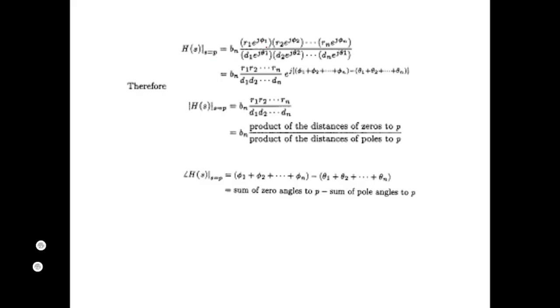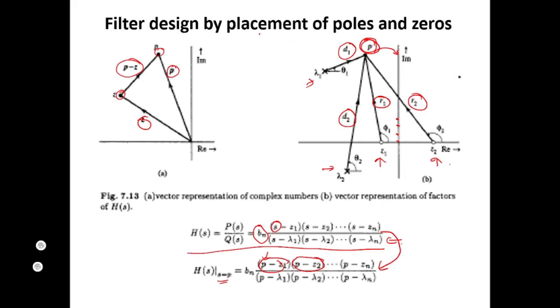In the next slide, you see Bn into R1 into e to the power j phi 1. What is phi 1? Phi 1 is basically the angle between the x-axis and the vector connecting the zero and the point P. We go in the anti-clockwise manner everywhere.